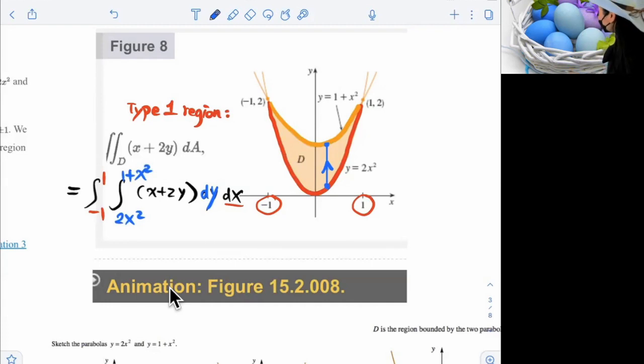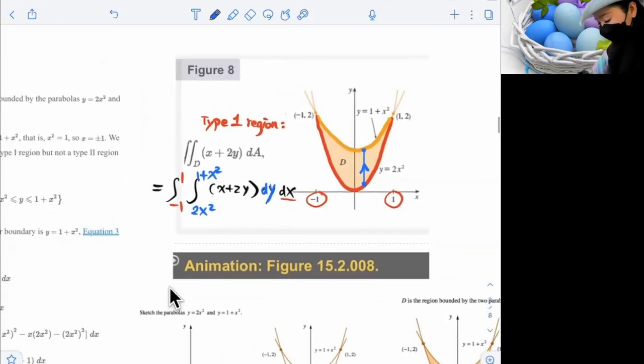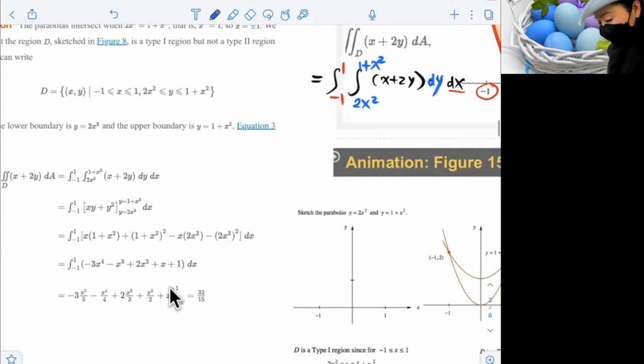So you just set up the integral, and I think that's the most crucial part, because after this it's almost the same as what we have done in 15.1. Good, you guys are able to set up the integral, which is this one over here.